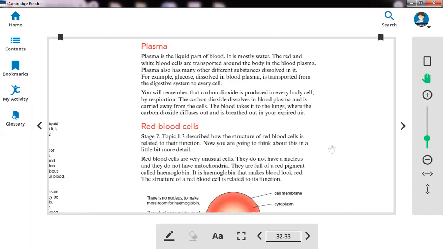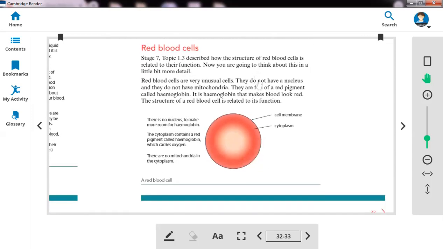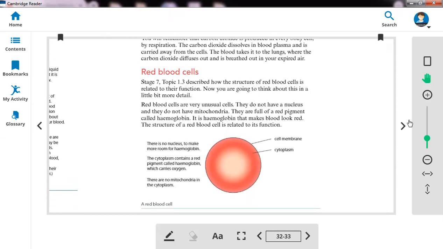They don't have a nucleus and they don't have mitochondria. They are full of a red pigment called hemoglobin. It is hemoglobin that makes the color of the blood red. The main thing you can study here: red blood cells don't have any nucleus.